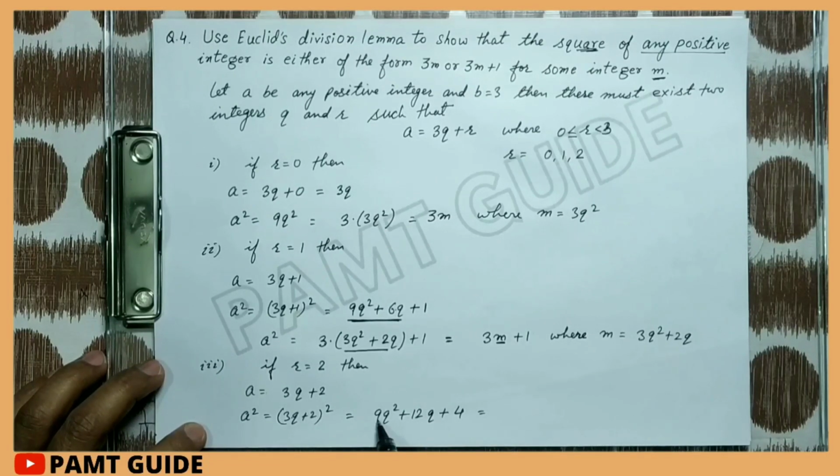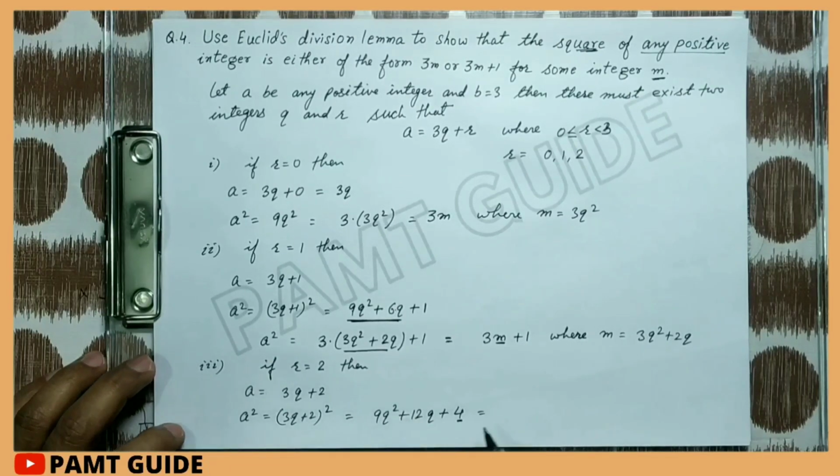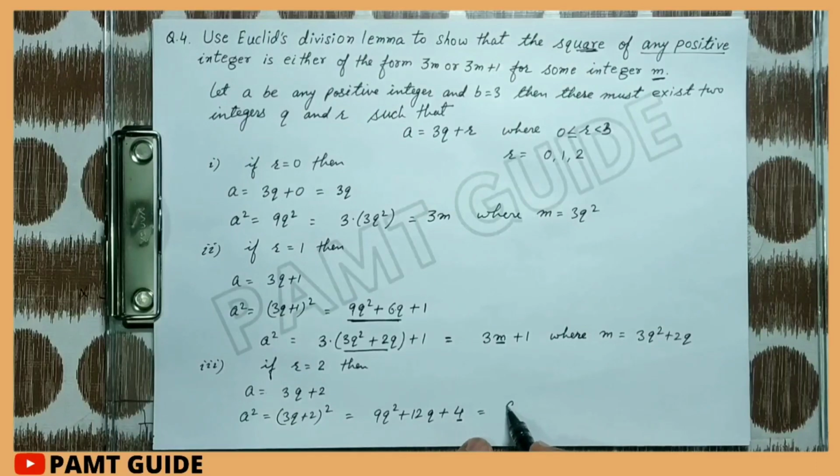So we write 4 as 3 plus 1, and take 3 common from 9q square plus 12q plus 3.